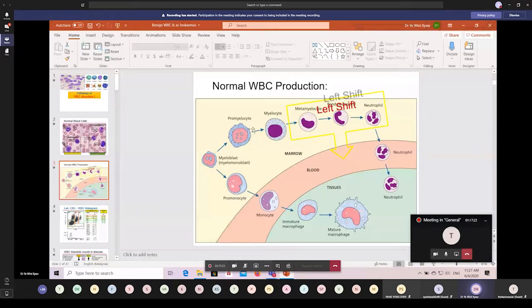This is the maturation steps, myeloblast to neutrophil. If you see myelocyte or promyelocyte, you can definitely say leukemia, not leukemoid reaction. It should be more mature than myelocyte, like metamyelocyte. But if you see myelocyte in the blood film, it more suggests leukemia, not leukemoid reaction.